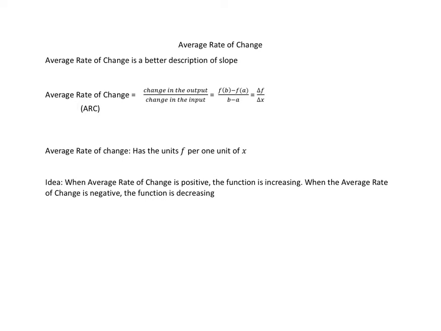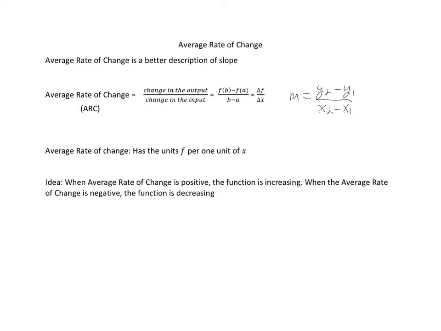Or sometimes you'll hear this referred to as delta f, that little triangle, delta f over delta x. That just means change in f over change in x. And so the reason I'm saying this is very similar to slope, if you recall, the slope m equals y2 minus y1 over x2 minus x1.